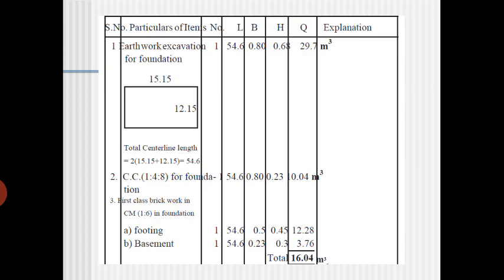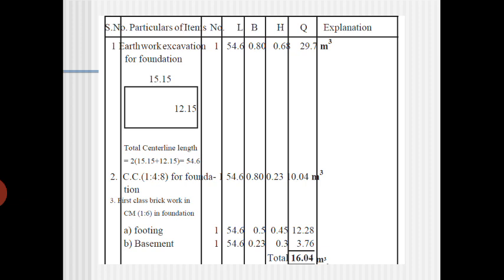If you take the total center line length in this diagram, you can see that it will be 54.6 they are getting. Then of course the earthwork excavation from the bottom, if you take it, totals around 29.7 meter cube. So length will be 54, breadth will be 0.8, and the height will be 0.68.